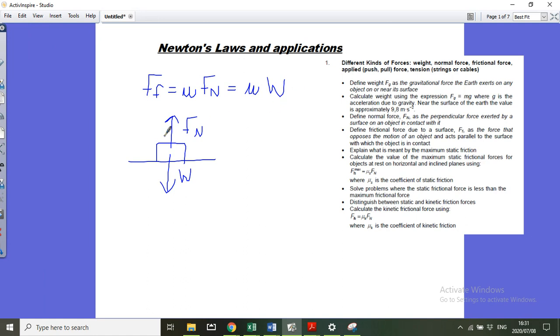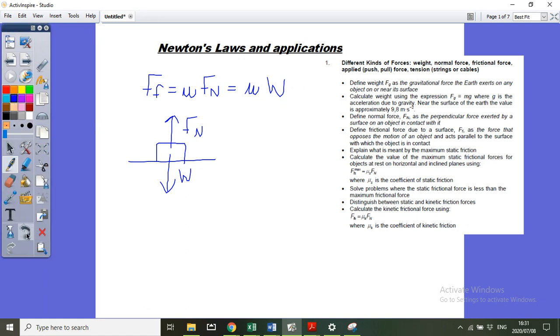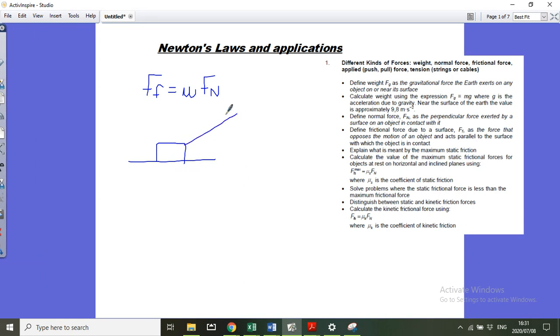Now, the next scenario is if that box is still on that flat surface, but now it has extra forces acting on it. So it has, for instance, a force pulling it upwards like that. So if we have a force that someone applies here, so we use Julian in the ASP, so let's just use him again.